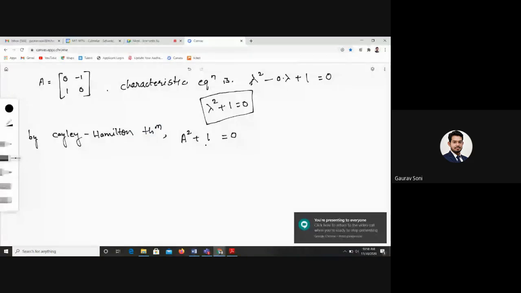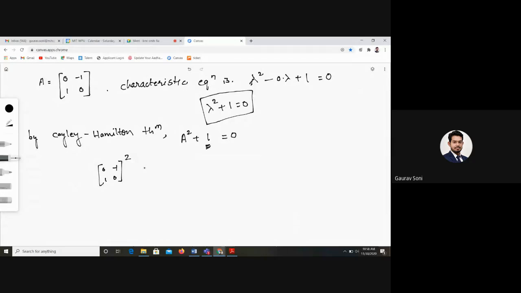You cannot add a number to a matrix, that is not possible. So what the Cayley-Hamilton theorem says is that the constant must be given an identity also. So A square plus I, where I is 1, 0, 0, 1.